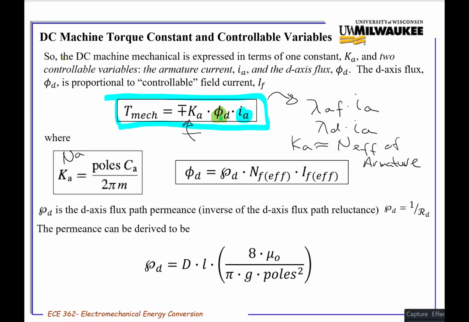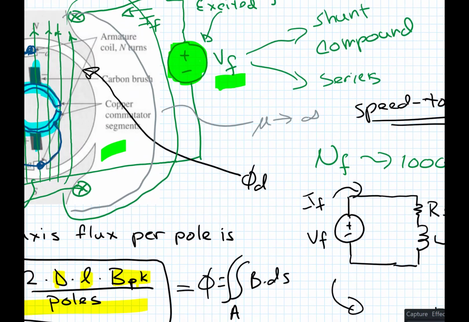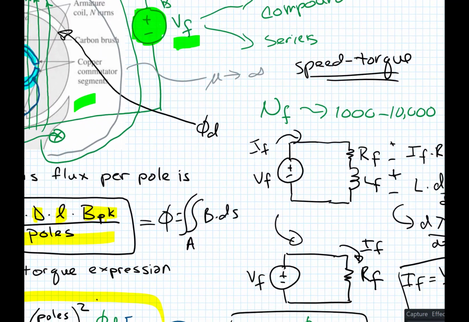And now another thing we can do is here's another way to write phi d. And this is really important, especially if we talk about different types of machines. So if we go back to the picture of the field here, and notice that we had this expression, phi d equals 2 dl times b peak over poles.